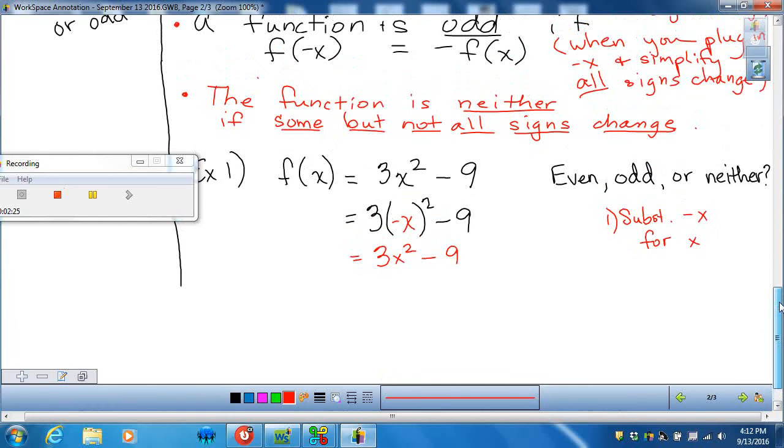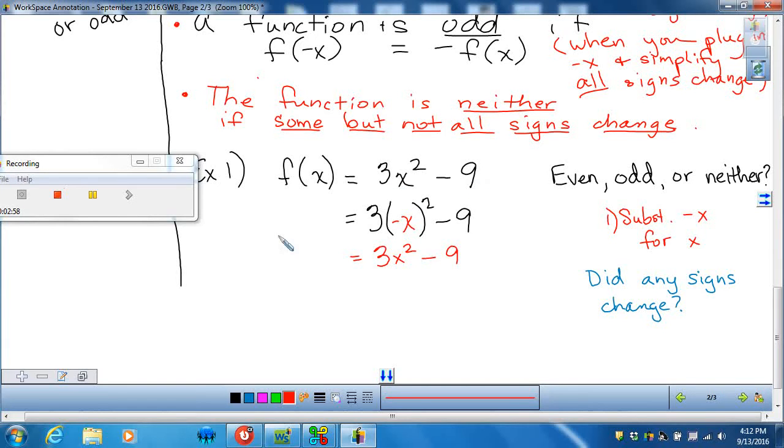So now we're going to ask ourselves the question, did any of the signs change? If your answer is yes, then it's not even. If your answer is no, none of the signs changed, then the answer is that it would be even. So when I look at this, my original was 3x squared minus 9.